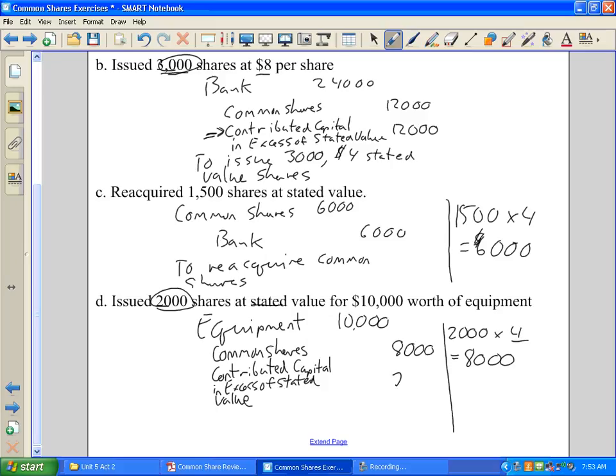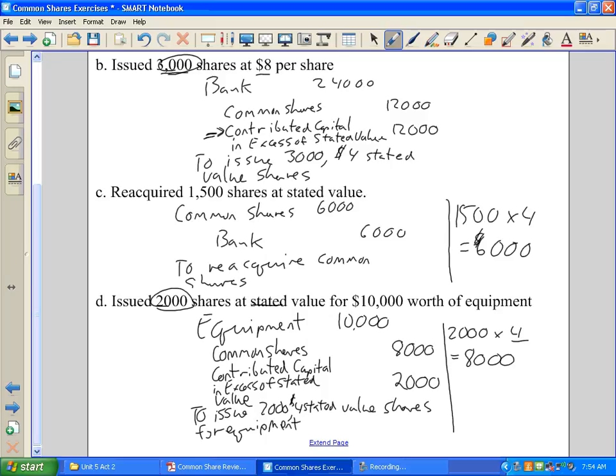All right, and that's going to be kind of like our plug figure, okay? 2,000 bucks, since we know that the equipment's worth 10, the common shares we gave up were worth 8, the contributed capital in excess of stated value has to be worth $2,000. And to issue 2,000 $4 stated value shares for equipment.